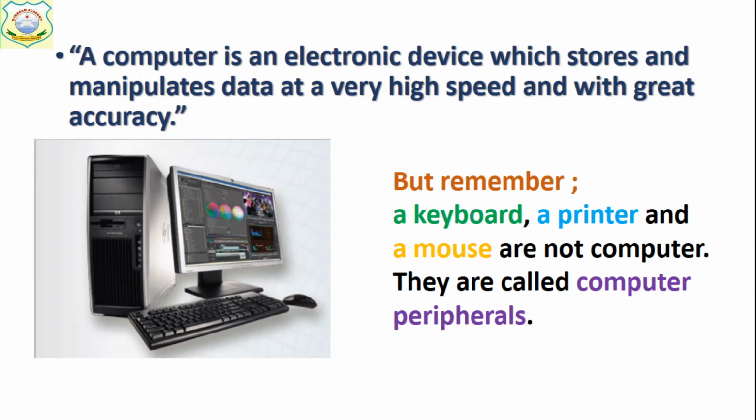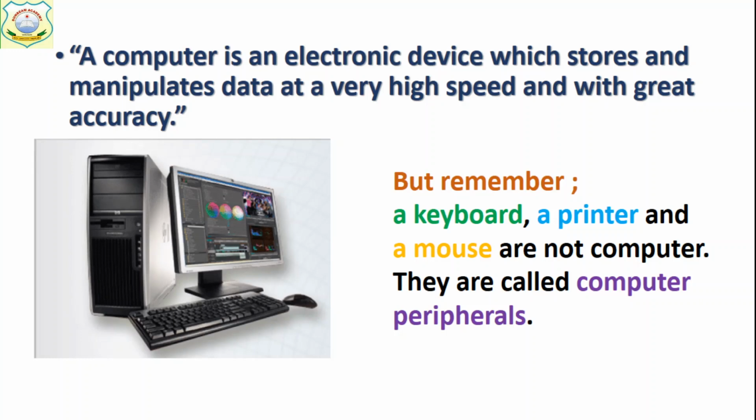Now, which stores and manipulates data? You also know that computer is a hardware device which is invented to perform some task. So it stores the data and manipulates it. And now what are the characteristics of the computer? It will do the work with high speed and with great accuracy. High speed means in a flash, in seconds. Now with great accuracy, without error. Great accuracy means without error.